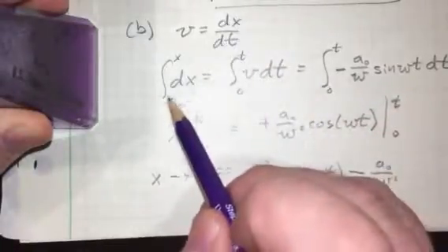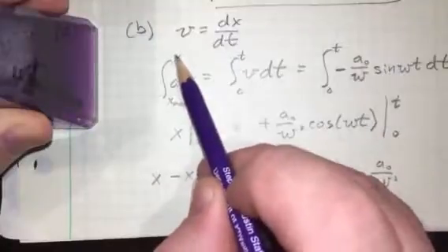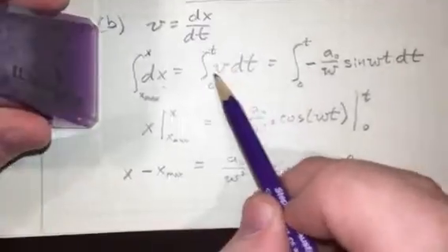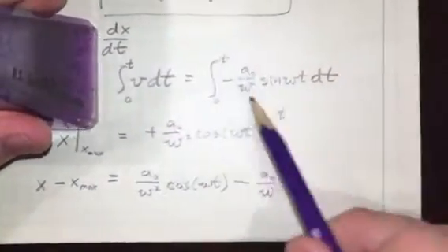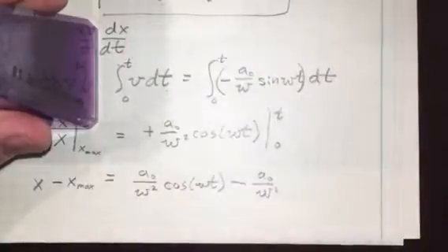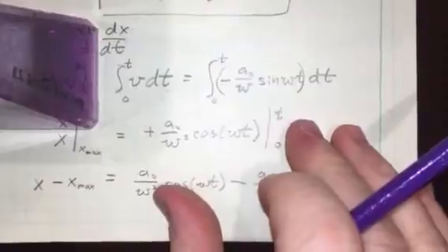I have to start off with my maximum departure, and I go to some unknown position x with respect to time. I plug in my v from up here in part A, and it's minus a0 over omega times sine omega t. I can look up that integral in the back of the textbook as well.